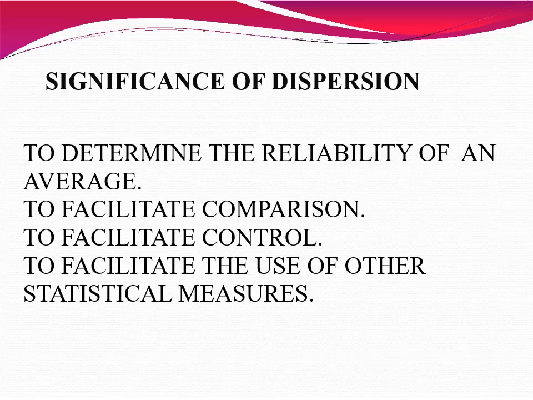Then the second point says that it helps to facilitate comparison. Now let me give you an example and explain this. Under measures of central tendency, if we take the frequency distribution, the variation of age of students of a class is less than the variation in the distribution of age of employees of a factory.